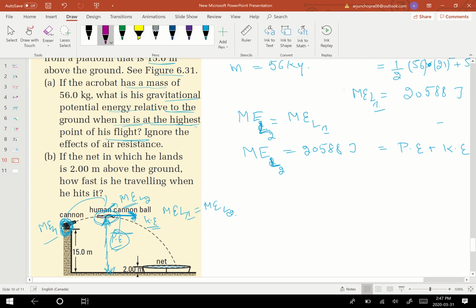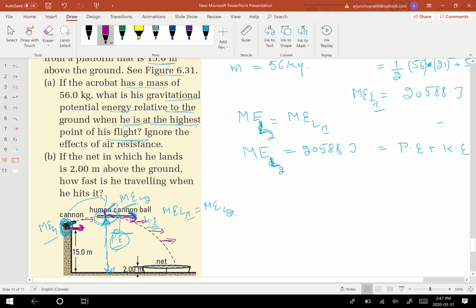There is no vertical component of this velocity, only the horizontal component. If we recall the concept of projectile motion, the horizontal component of the velocity does not change with time, so it remains the same as the initial value.